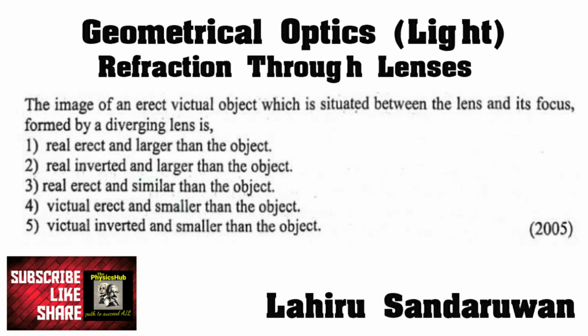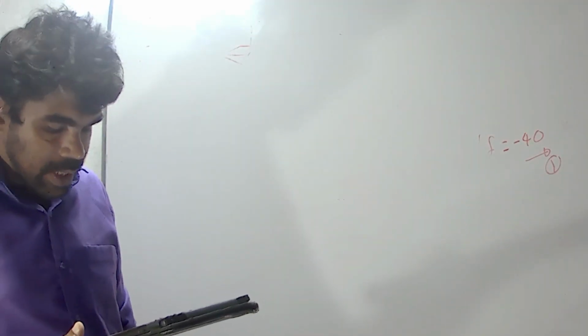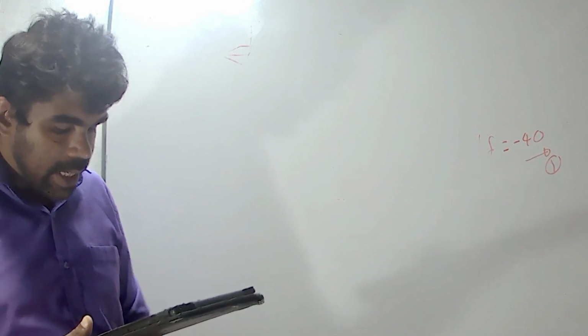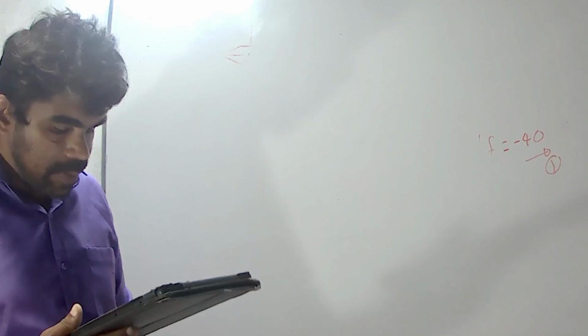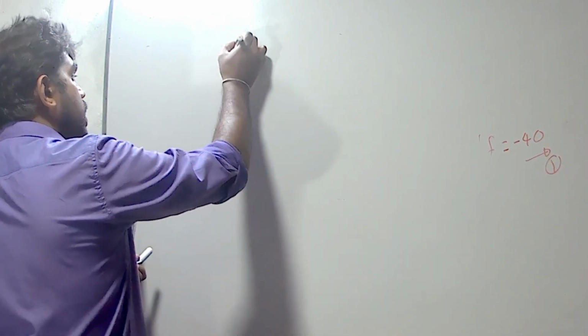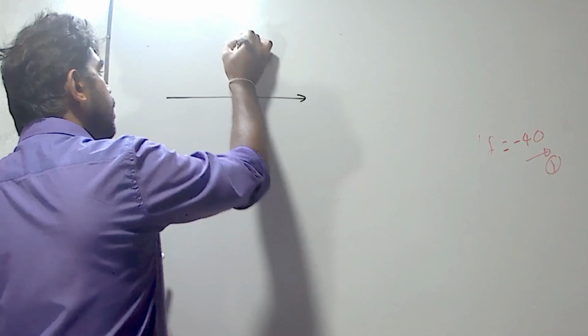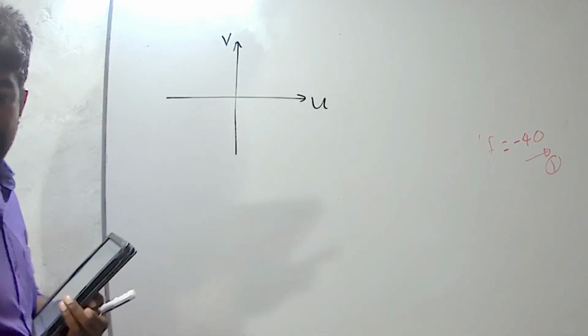The image of an erect virtual object which is situated between the lens and its focus, formed by a diverging lens, is? They have given 5 answers. First one is real, erect and larger than the object. Diverging lens. We can consider the VU curve for a diverging lens. Diverging lens means concave.